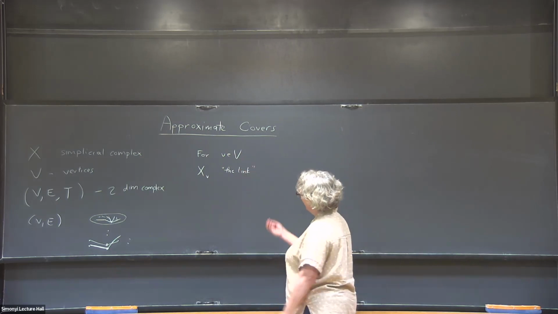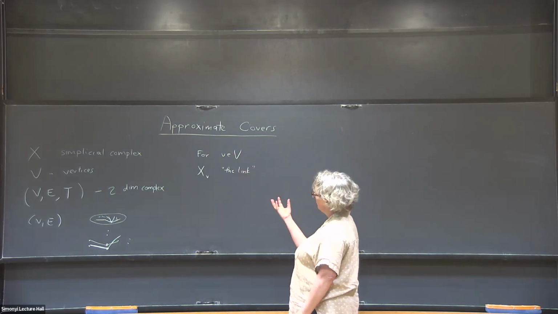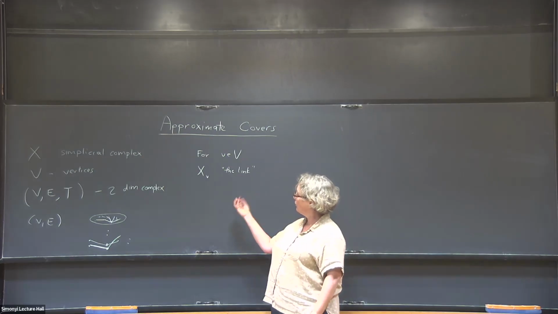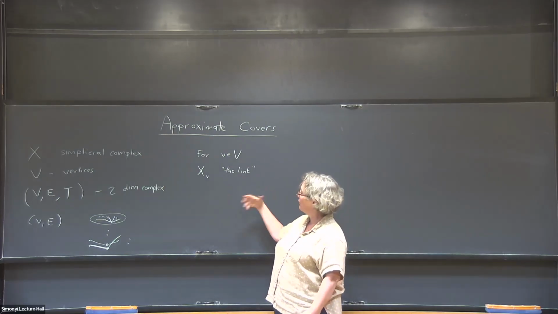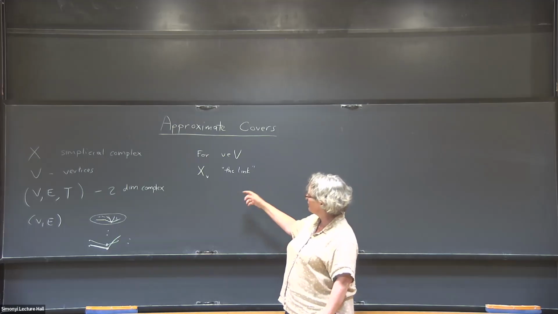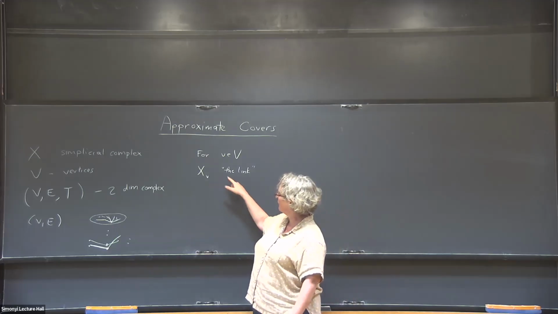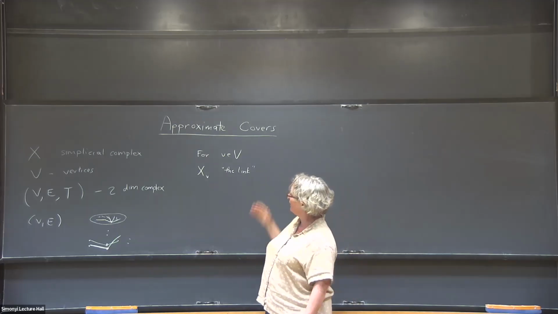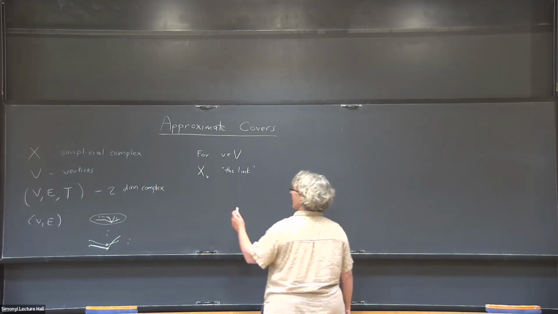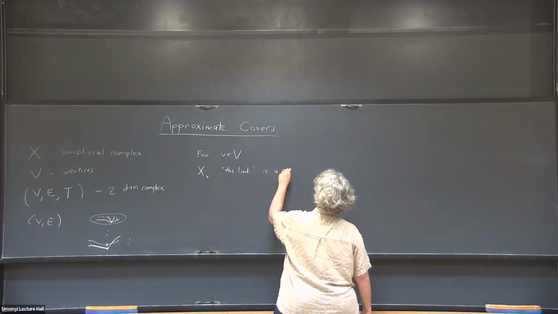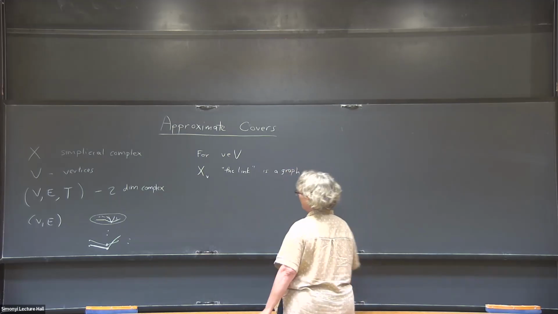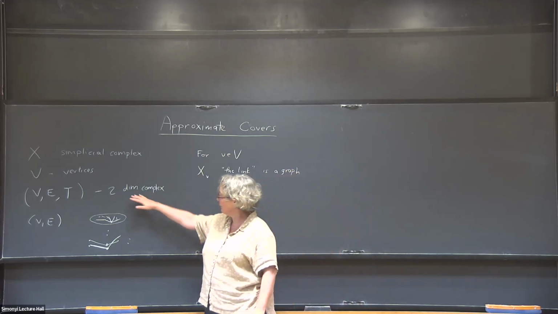It's just the neighborhood around V, but now we don't only look at which vertices are the neighbors of V, we also look at the higher dimensional faces. So if a vertex participates in a triangle, then we see that. What we get is actually a graph if we're in a two-dimensional complex.